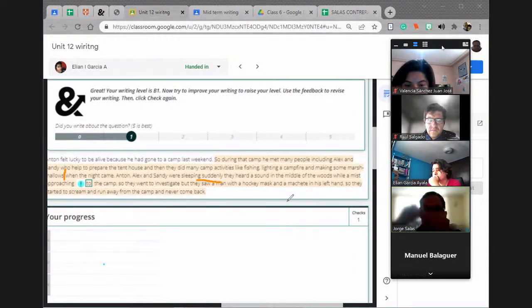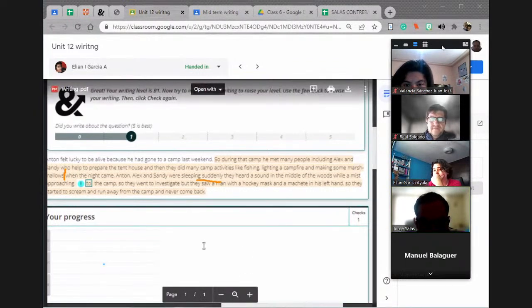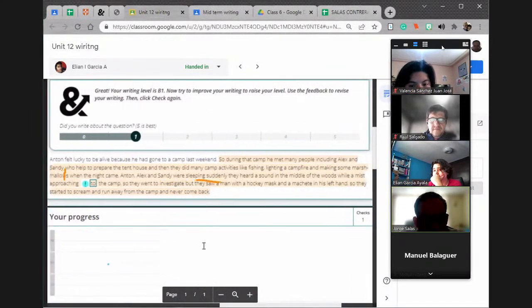You need to divide it. Okay. The wood while a mist approaching, while a mist, how does it say? While a mist approaching. Okay. While a mist was approaching or approached. Because with ing, you need the verb to be, because it's past continuous. Okay.